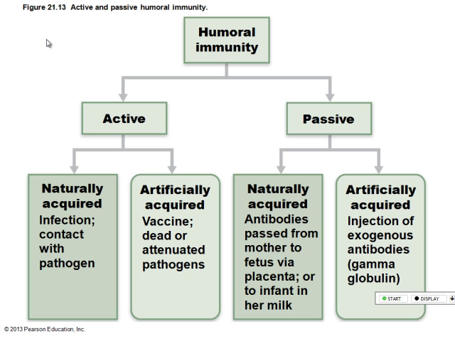Your cells are going to go clean up the mess, but you're never going to do what? You're never going to fight the war yourself. So you're never going to make memory cells, and you're not going to have a whole bunch of antibodies floating around in your circulatory system. So we can either do it naturally through mother's milk and all of that good stuff, or I can actually give you an injection. So we can do it artificially.